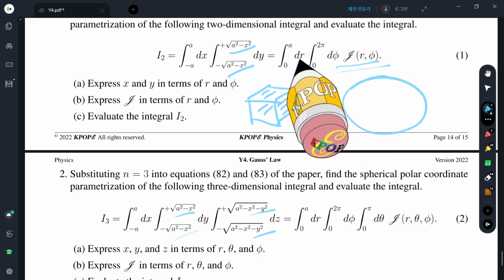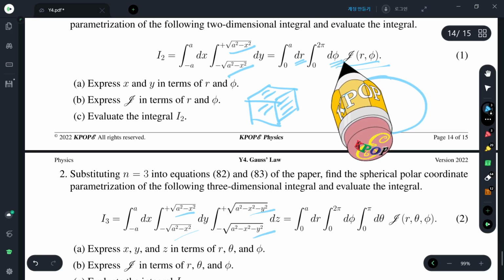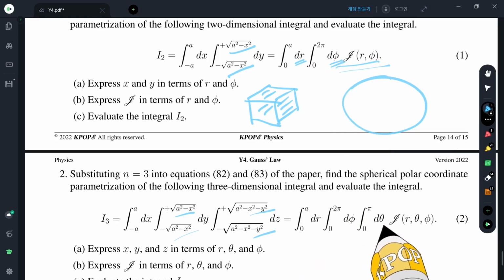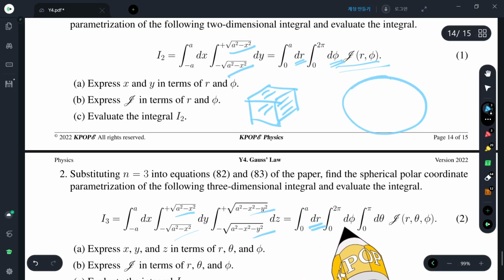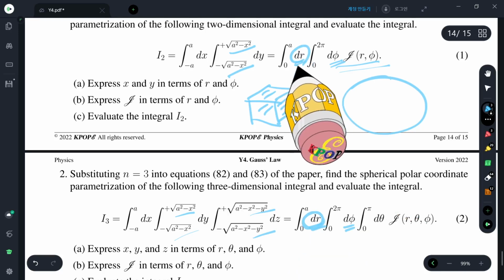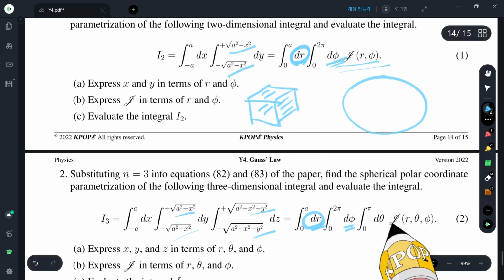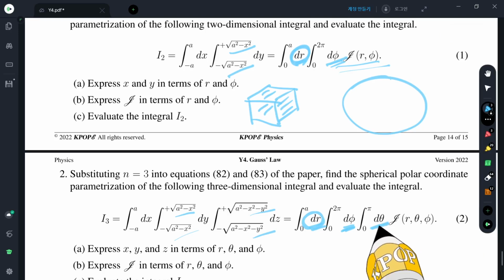In that case, it is very good to use two-dimensional polar coordinates or three-dimensional polar coordinates. However, only the radius has the correct dimension of length; phi and theta are not coordinates with the dimension of length.